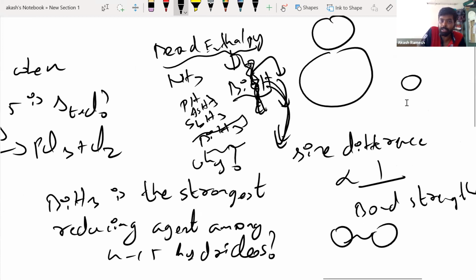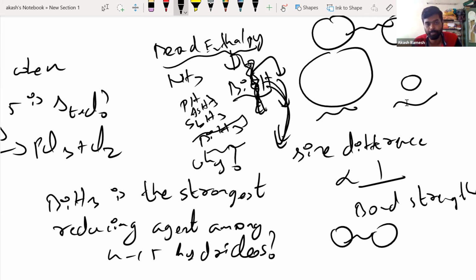If I have a big species and a big species, again a stronger bond. But if I have a big one and a small one, the bond strength is very small. Bismuth is very big, hydrogen is so small. That's why there is very little bond energy. It's very easy for us to break the bond. So all these should be in the picture.